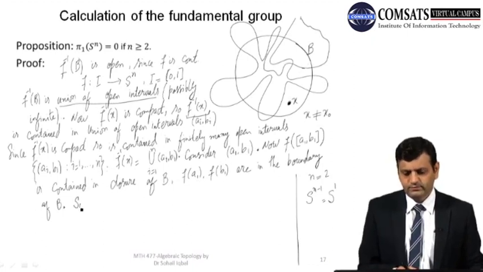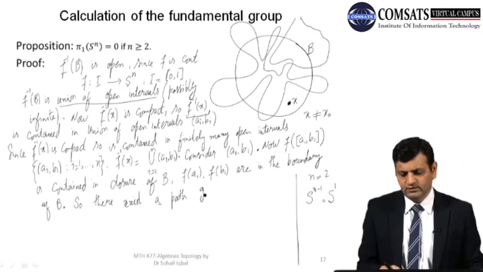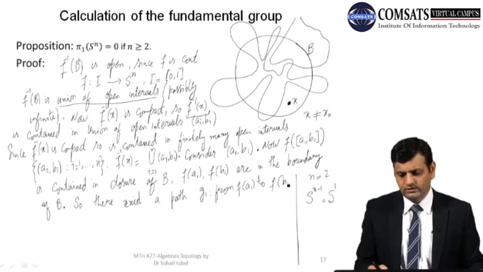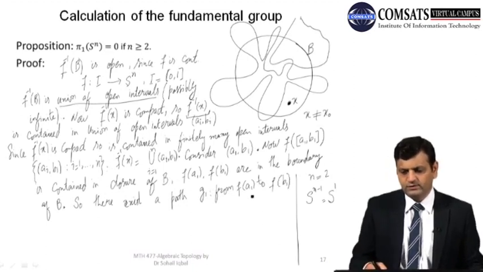So there exists a path, let's say g1, from f of a1 to f of b1. So we have a path from f of a1 to f of b1.